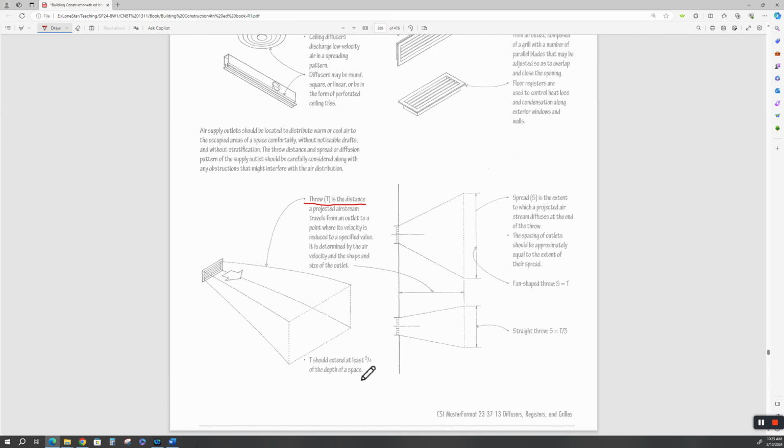Theoretically, it should extend at least 3/4 of the depth of the space, and that depends on the surface area of this register. See, I use the right term because it's in the wall. It's a register, not a diffuser. All right, whatever. Okay, but this is depending on the velocity of that air coming out of the ductwork.